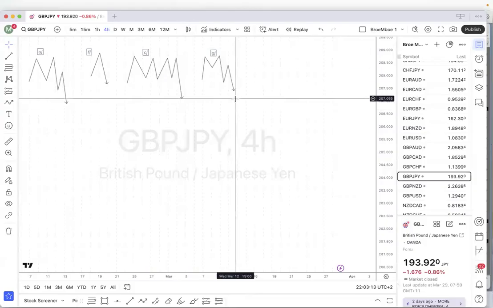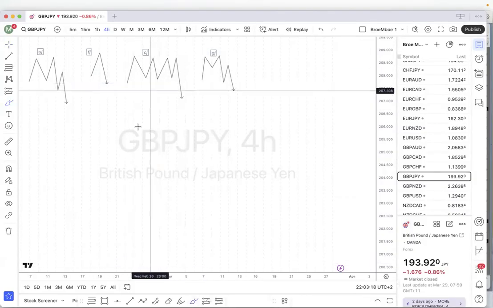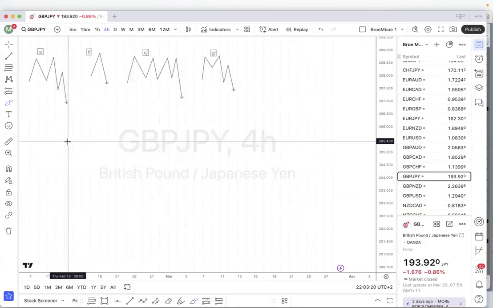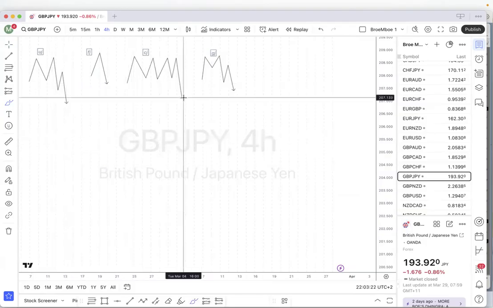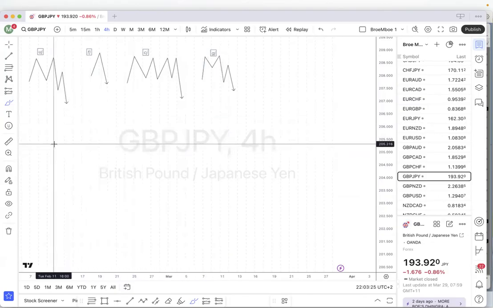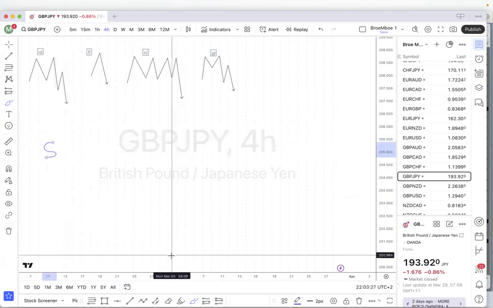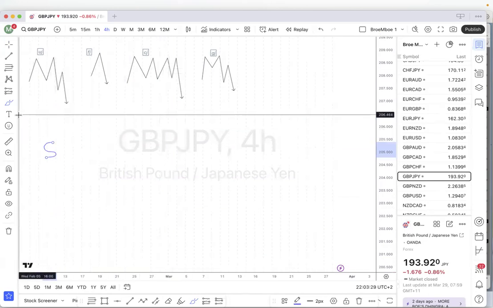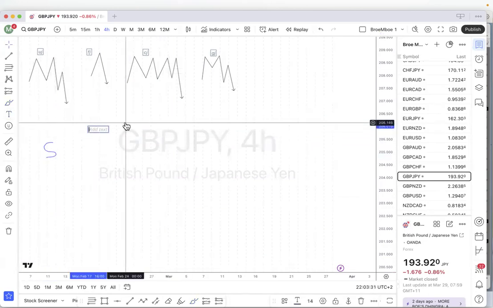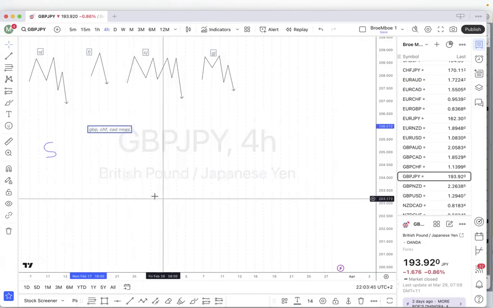So the first thing is, on that particular day, do we have any news related to GBP, or CHF, or obviously JPY, which will be in the Asian session? So do we have any of these news, right?